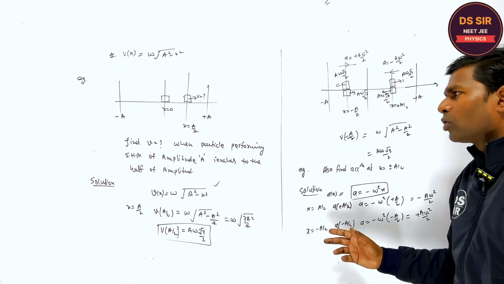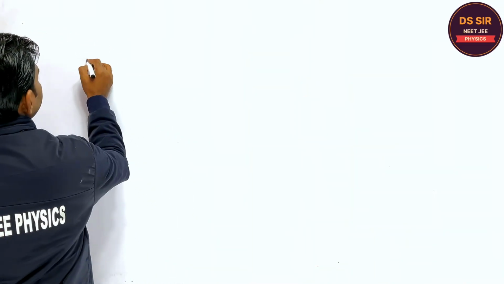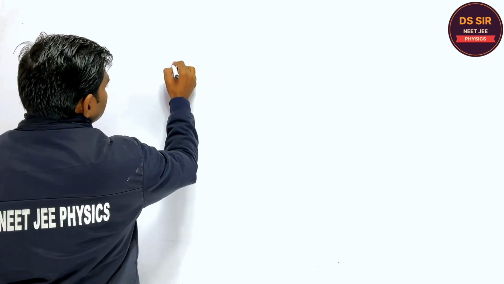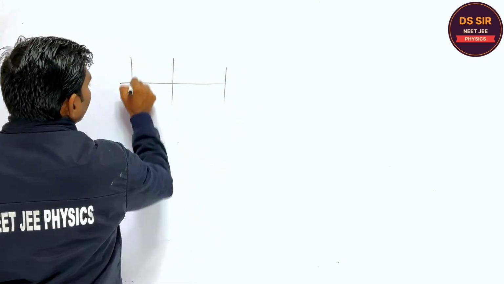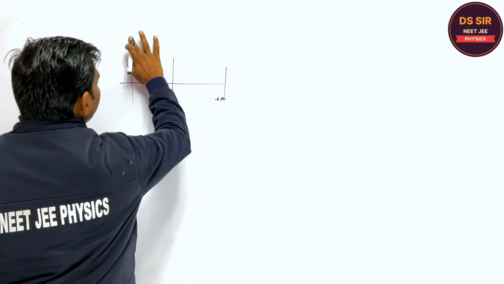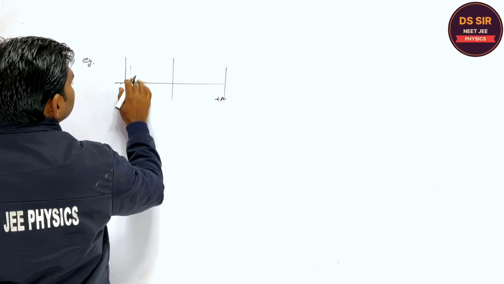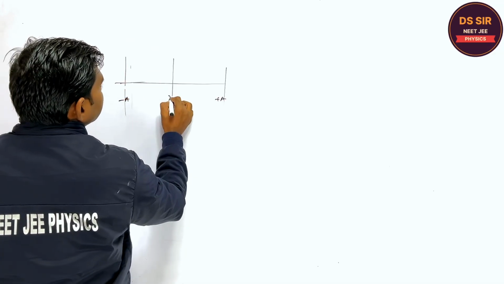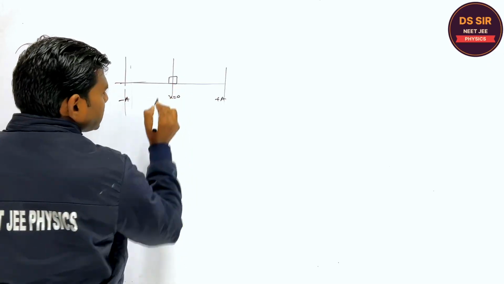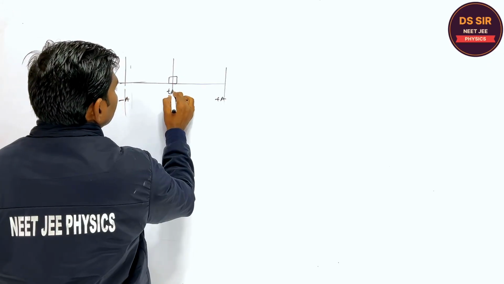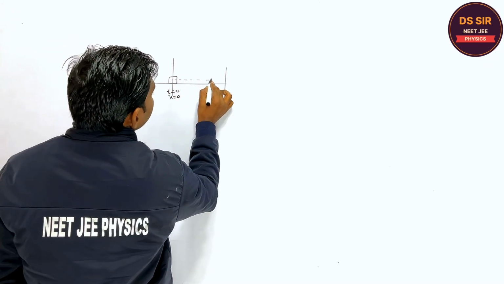All right, copy this. So in the next example, suppose this is the particle performing SHM between plus a and minus a, and this is x is equal to 0. If the particle starts from mean position at t is equal to 0, it will move in this way.